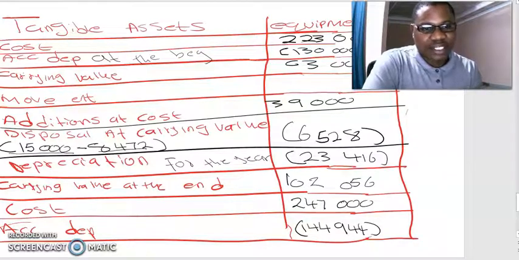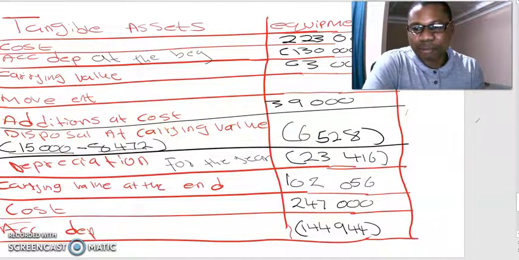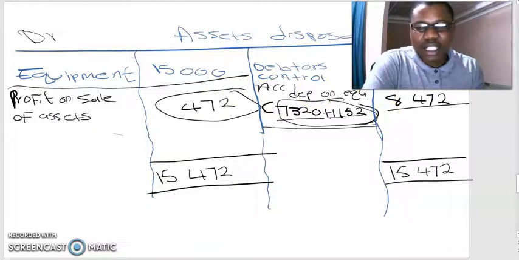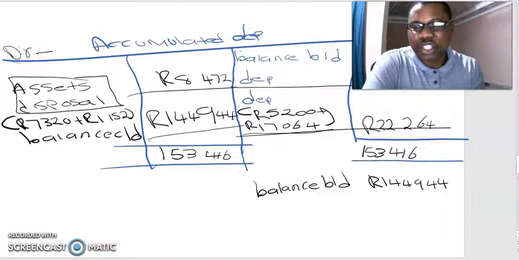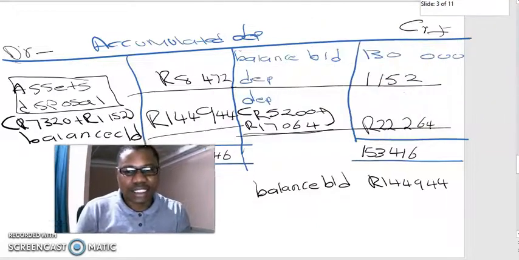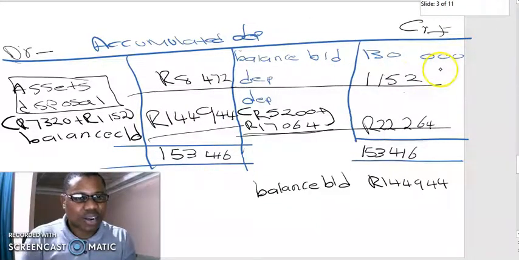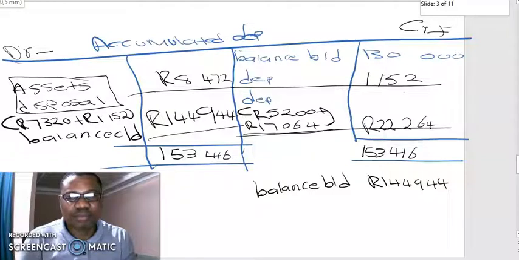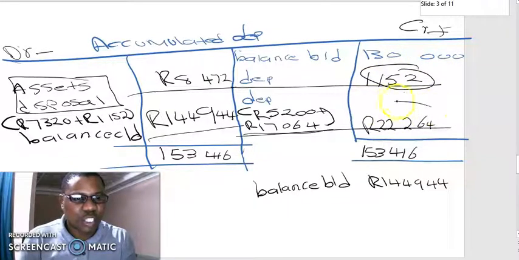So to get this 23,000 here, guys, we simply come back here. We say okay, let me go to accumulated depreciation. You will see, let me move this here. We're going to take 1,152, we add it to 22,264.